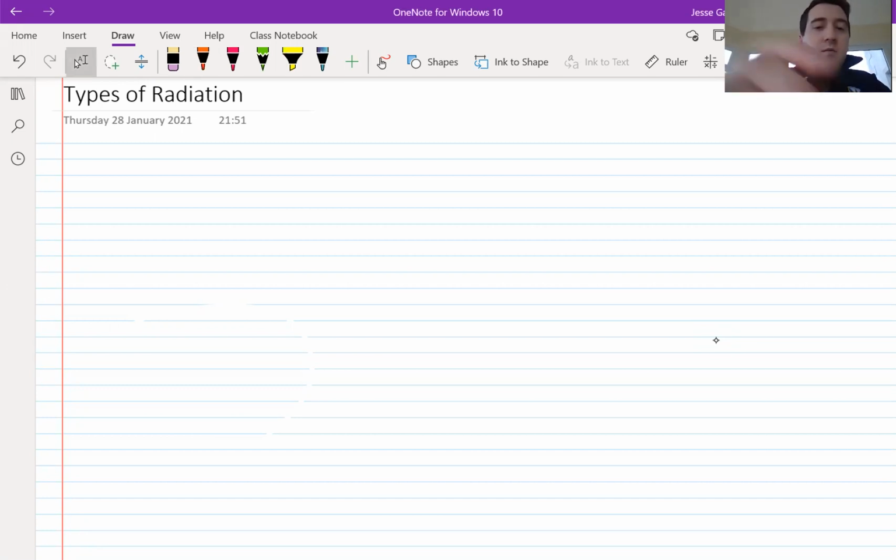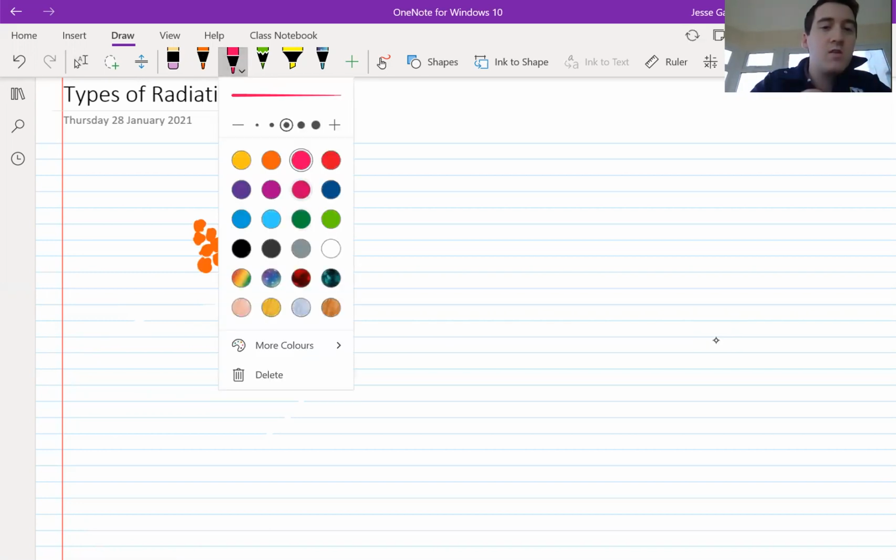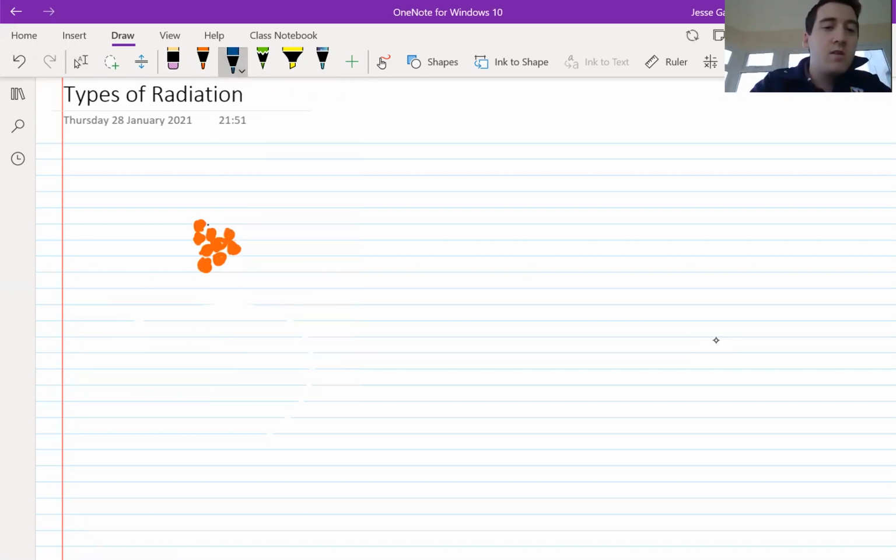So what I'm going to do here is begin by drawing a large atom with an unstable nucleus. These orange particles here are protons. And these, I'll pick a different color so there's a good contrast, these blue ones are neutrons. So we've got a large unstable nucleus here.